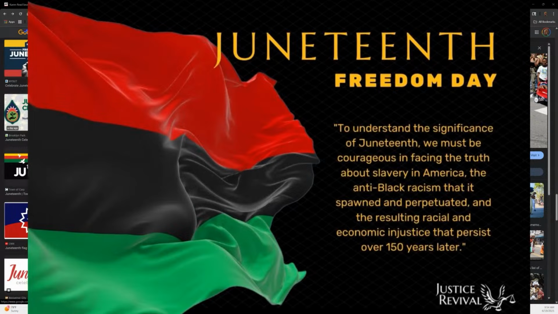And the green symbolizes the abundant natural wealth of Africa, stolen, exploited, but never forgotten. And this flag wasn't made to say we are American now. It was made to declare we are African people, survivors of the Maafa and the transatlantic Holocaust, and we are rising. So again, that's the flag that you see on your screen.